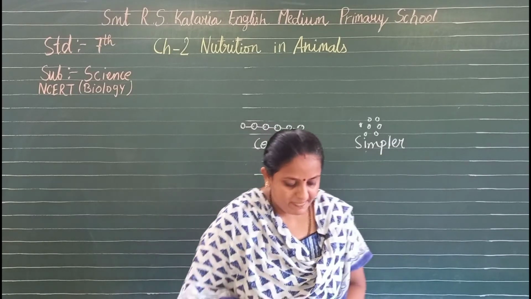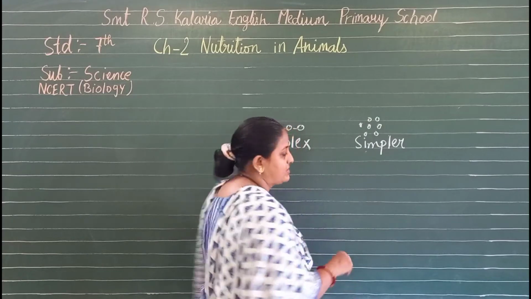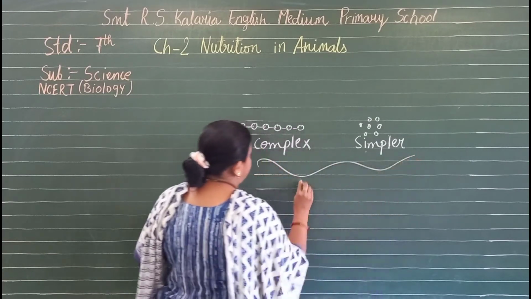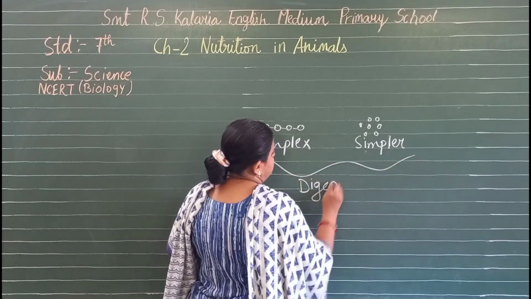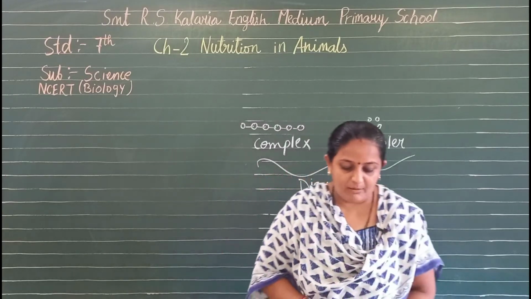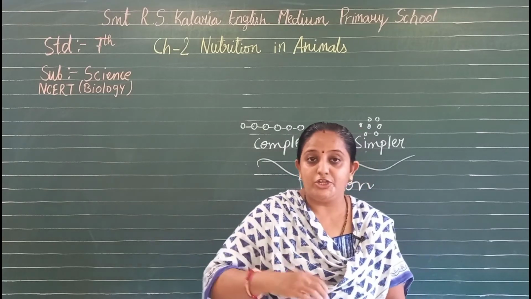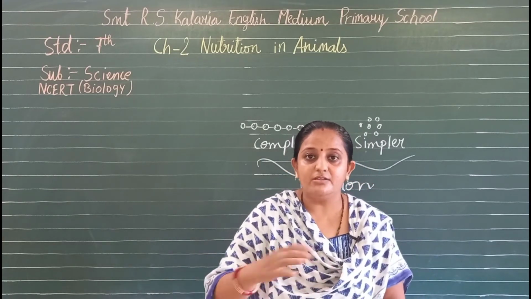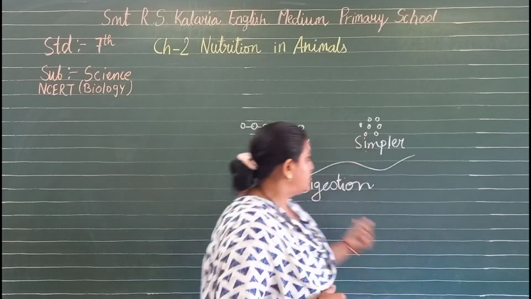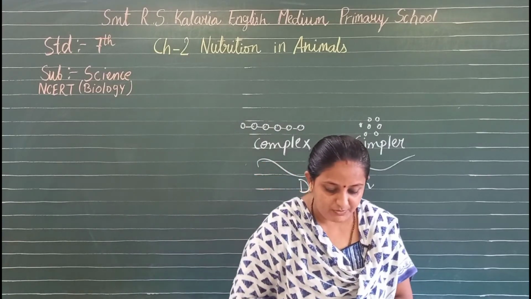From complex to simpler substance, this process is known as digestion. So the components of food such as carbohydrates are complex substances, so they need to be converted into a simpler form. This process is called digestion.